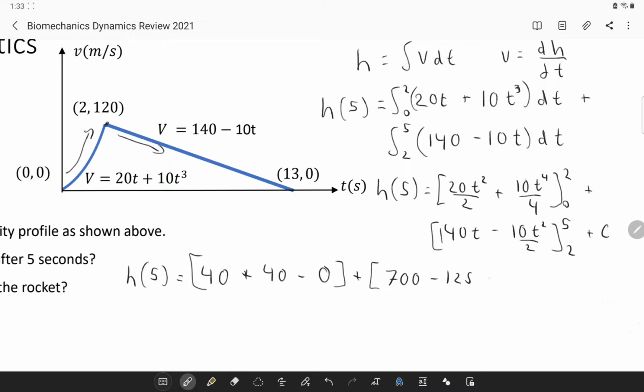That's the first part. Minus 2 times 140, that'll give us 280, let me put this in parentheses, minus a negative. 2 squared is 4, times 10, divided by 2, that gives us 20. Plus c.